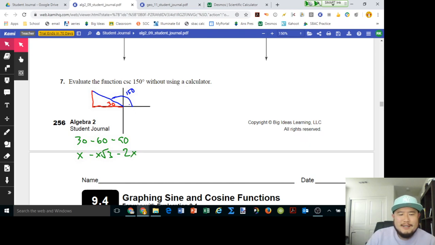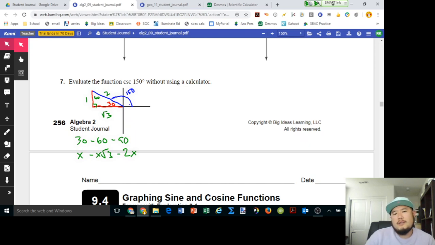So if we make things simple and say x is 1, then opposite of 30 will be 1, opposite of the 60-degree side will be 1 times rad 3, or just rad 3. And then opposite of 90 will end up being 2x, or 2 times 1, which is 2.